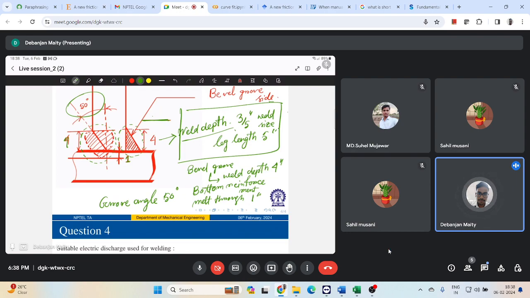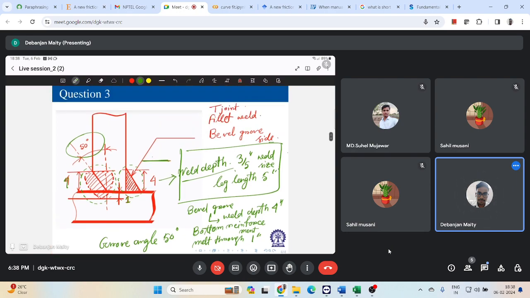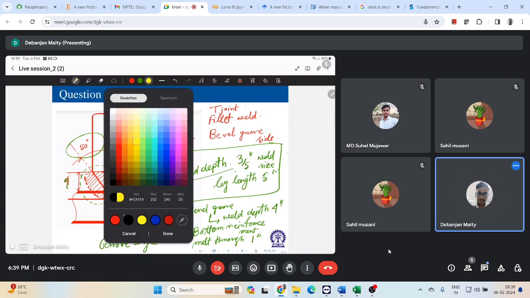Now in terms of joint geometry, how will it look? So if this is my arrow, this will be the arrow side, let's use some different colors.